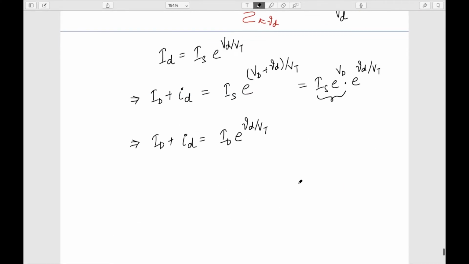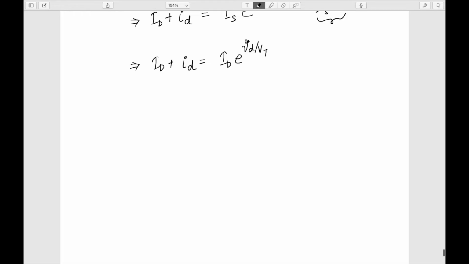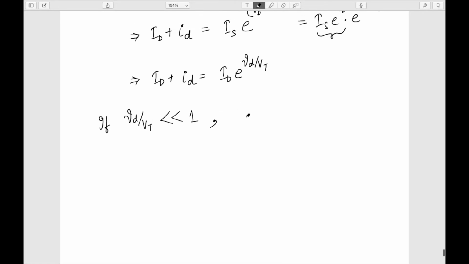Now let's assume that this change is very small. If my change vd by Vt is much less than 1, we know that we can approximate this, since it is of the form e power x, and e power x can be approximated by 1 plus x if x is much smaller than 1.